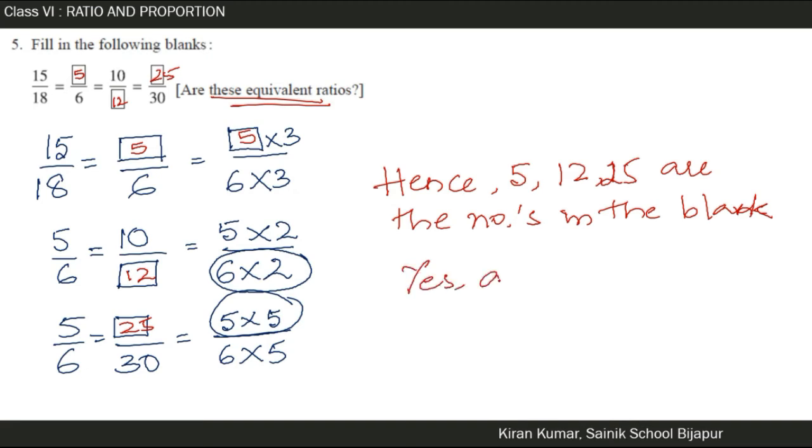Yes, all are equivalent ratios. On simplification, we get the same number. We get 5 by 6 only on simplifying.